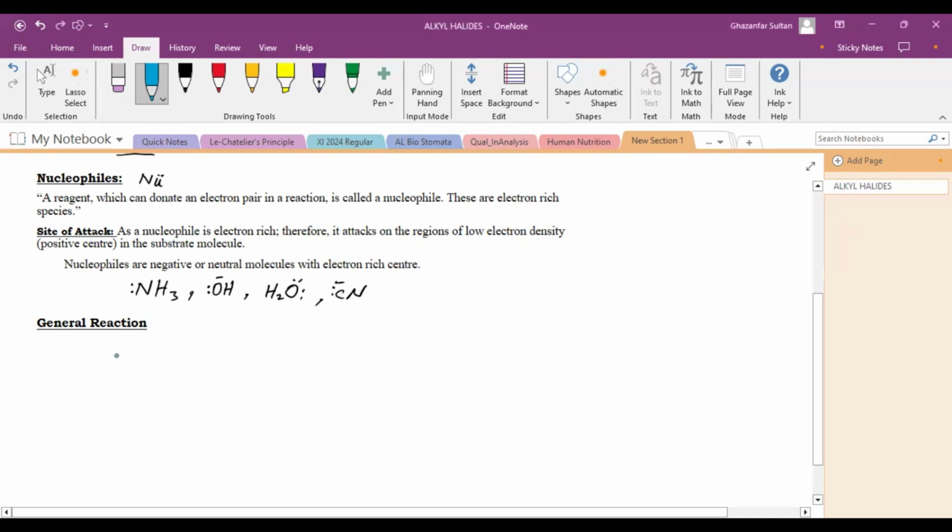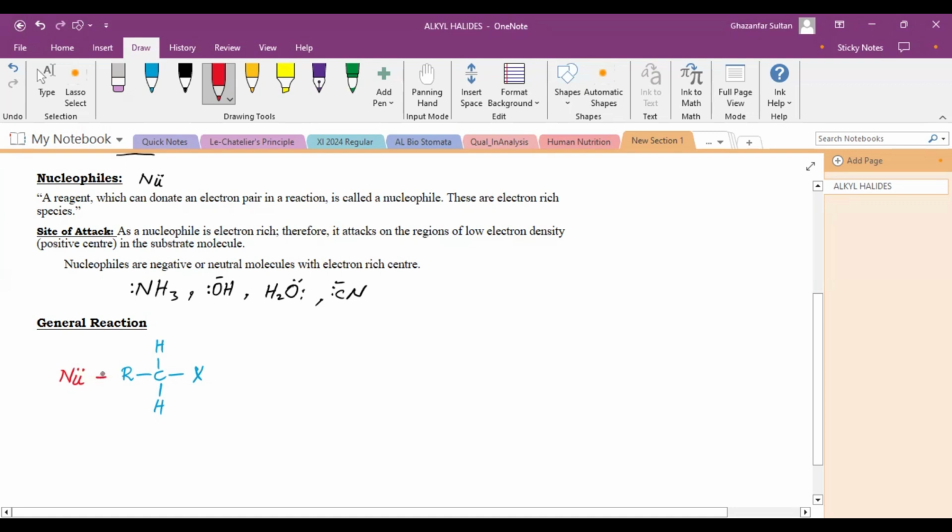Okay, a general reaction can be represented by this method. R is any alkyl group. It is an sp3 hybrid carbon, and there is a halogen. We can represent halogen by the letter X, and here we can represent a nucleophile, and the general representation of nucleophile is Nu with a lone pair.